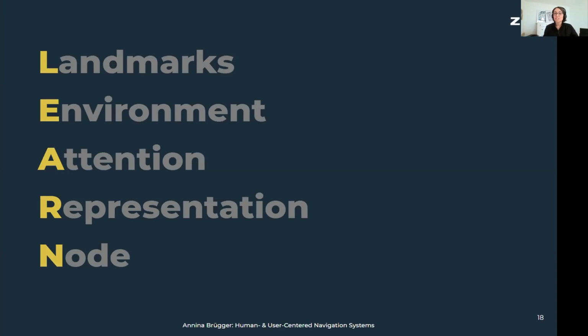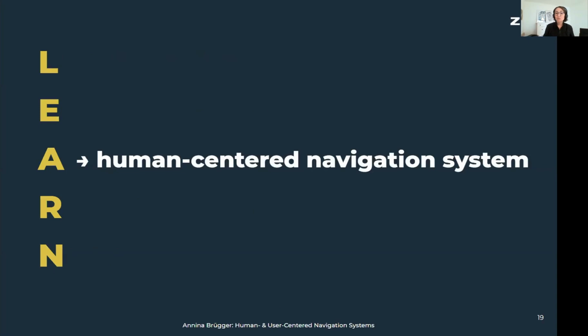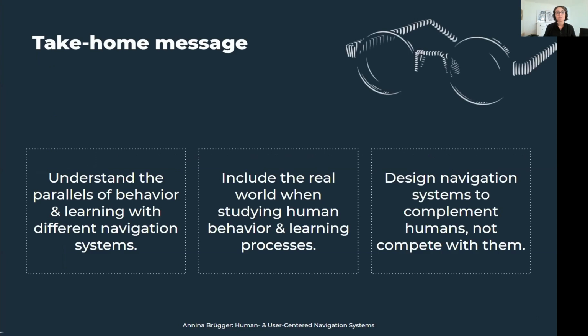And if the system supports learning and adding to a mental representation of the information that's provided, we can also ensure that the user does not only have a user-centered system, but also allow to design more human-centered navigation systems.